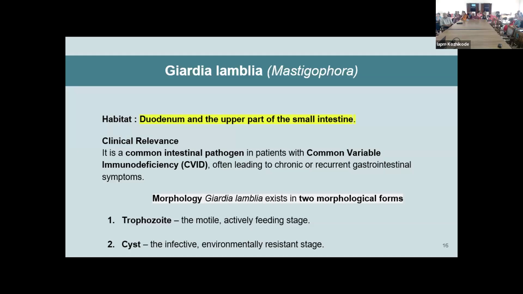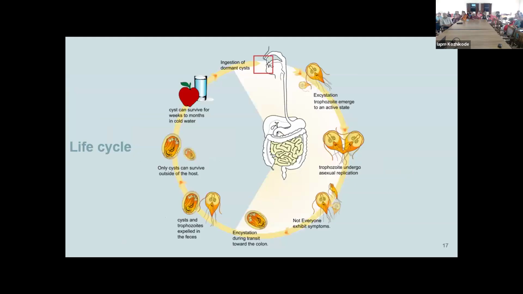Talking about the morphology of the organism, they exist in 2 forms, trophozoite form and cyst form. So this is the life cycle of this organism.